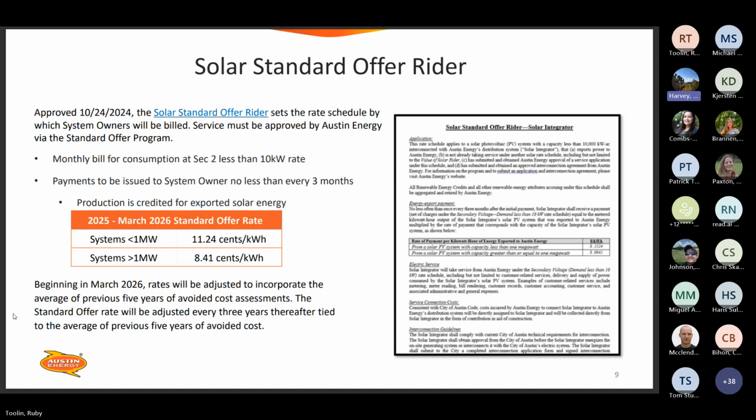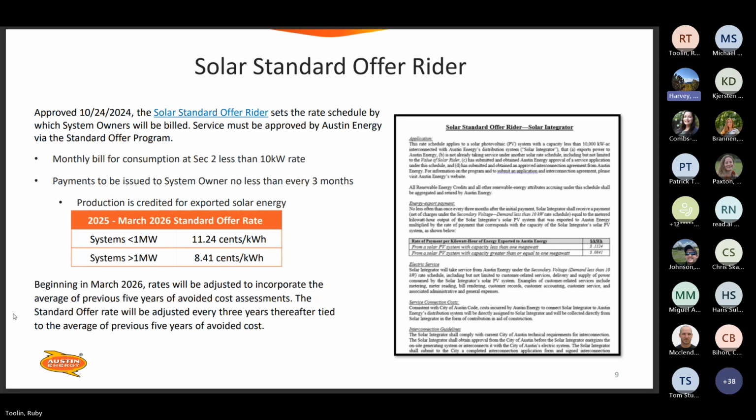So the payments will be based on the production of the system and the system size. For systems under 1 megawatt in size, and that's based on the inverter nameplate capacity, the production from those systems will receive 11.24 cents per kilowatt hour.